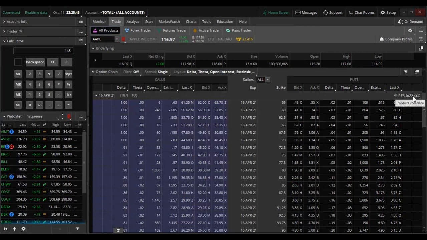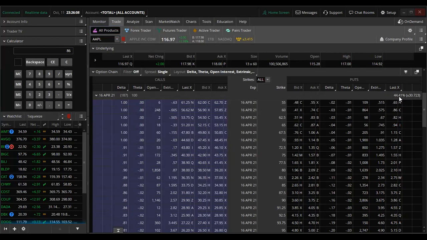the stock can move $30, $31 up to 148, or 117 minus 31, or down to $86. So this is what these numbers represent.